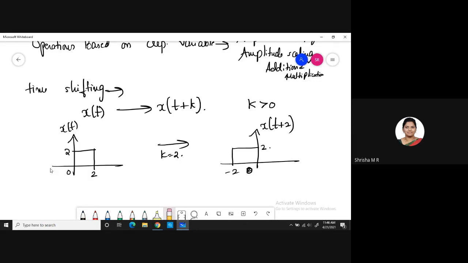Got it, everyone? So if we add a positive number to the time axis, the signal will occur that many seconds earlier, depending on k. It is called left shifting. Clear, guys? Are you following?